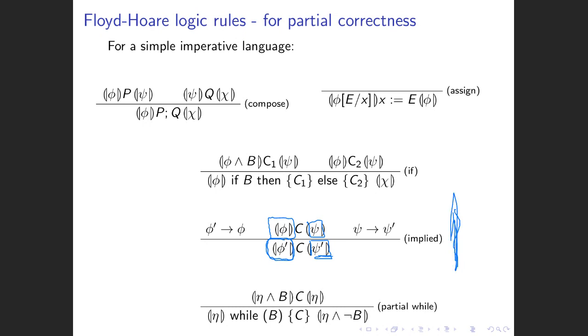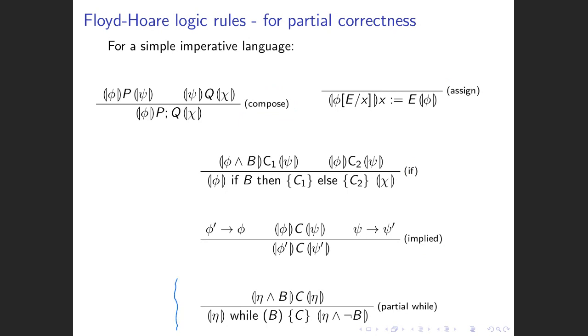So that sounds a lot more complicated than it actually is. You'll see it when we look at a real program, and that's the implied rule. So as with all the rules, we always write their name as a little comment in brackets by the side. That's not part of the logic, that's just for us to remember what the names of the rules are.